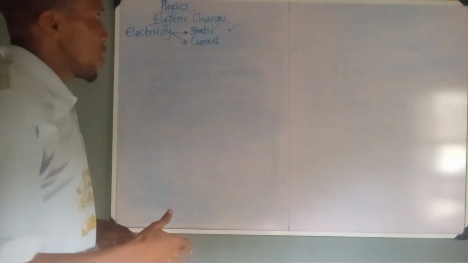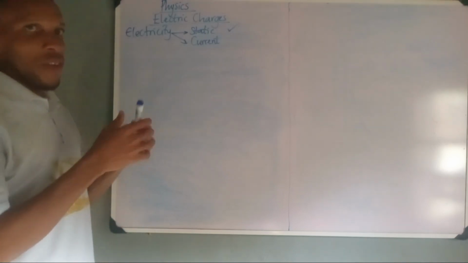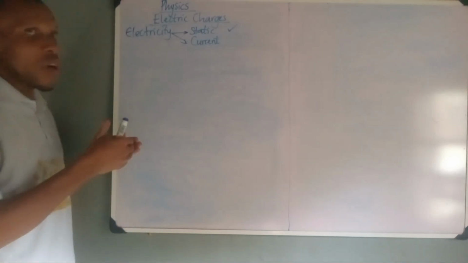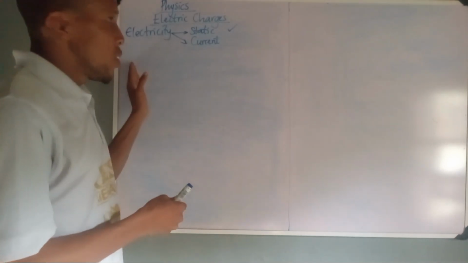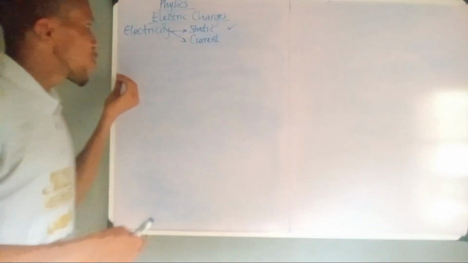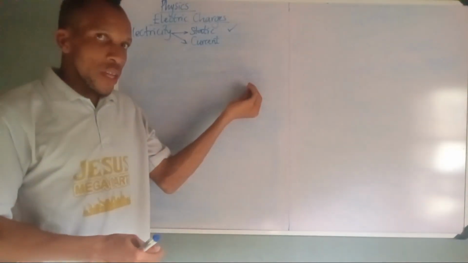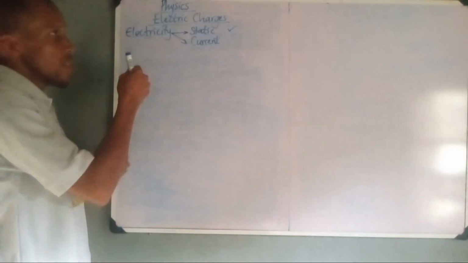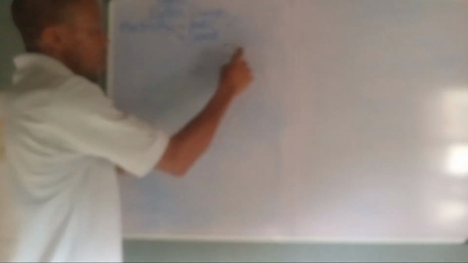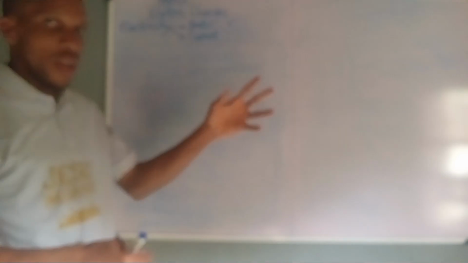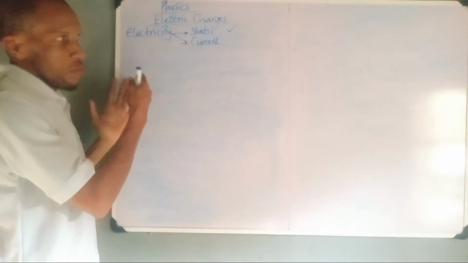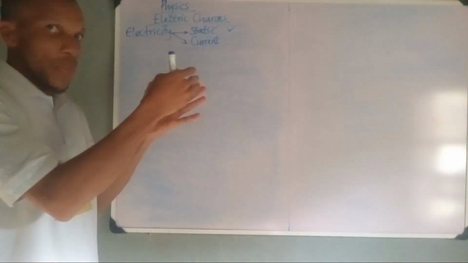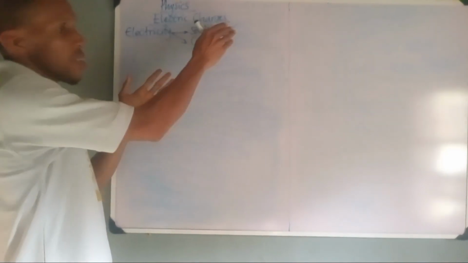Talking about static electricity, this is the kind of electricity where current flows from one point A to another point B without the actual movement of the particles in that substance. Okay, so for instance, if we have a copper wire and we allow current to flow from one end to the other, without actual movement of particles that make up the copper, we can say that that's a form of what?